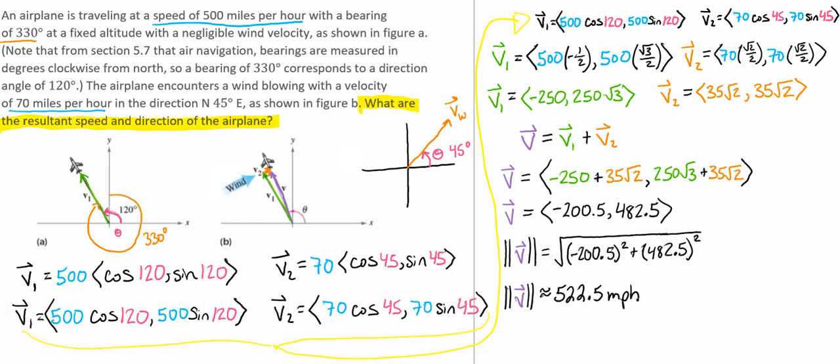Now we want to find our direction angle. If we look at what we were given, we see that we're in the second quadrant, which means the angle that we find is going to be a reference angle, and then we have to find our angle from that. Remember that the tangent of theta is our b component divided by our a component.